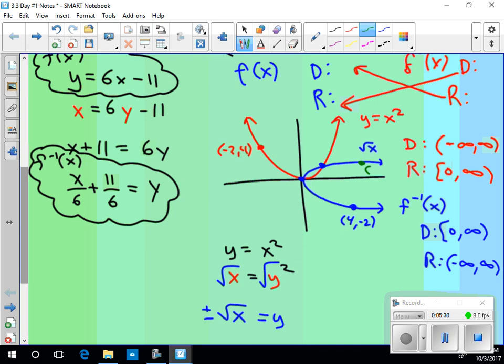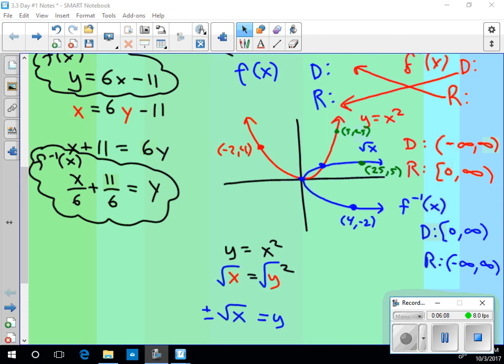This is the point 25, 5, right? Square root of 25 is 5. Let's flip them around: 5, 25. Cool. So all we've done is switch the x's and the y's. What is the domain of this new function? 0 to infinity. What is the range? All real numbers. That's a special classic example of inverses.